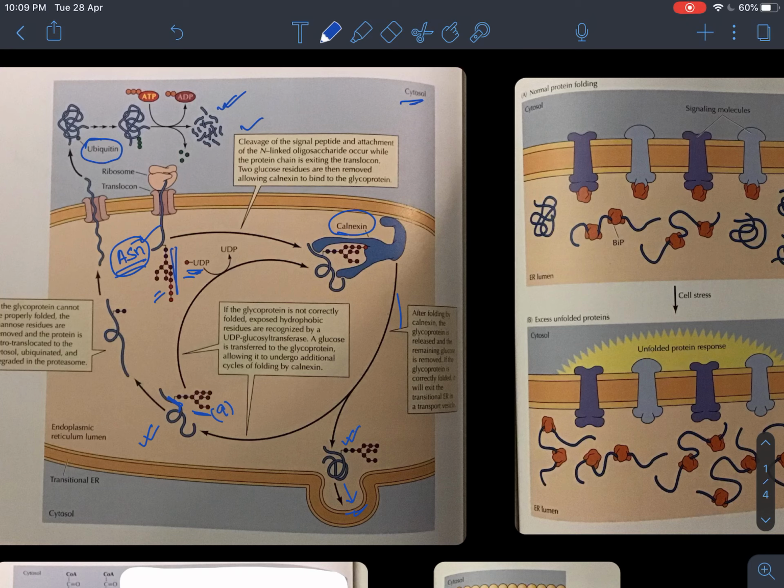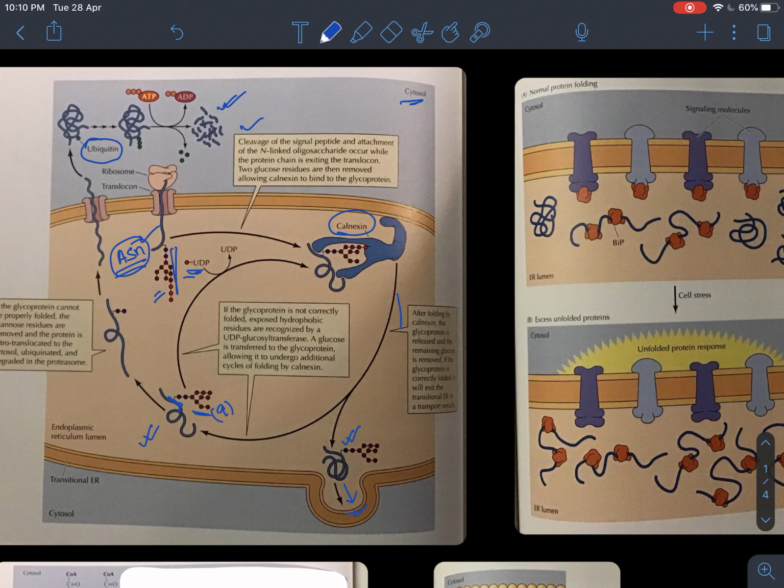If the protein is folded correctly, it will exit the transitional endoplasmic reticulum. However, if the protein is not folded correctly, it will again enter into the calnexin where glucose will be added, and in this second cycle, if the protein is folded correctly, it will exit the transitional endoplasmic reticulum.